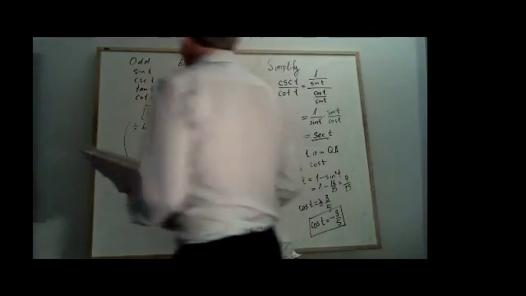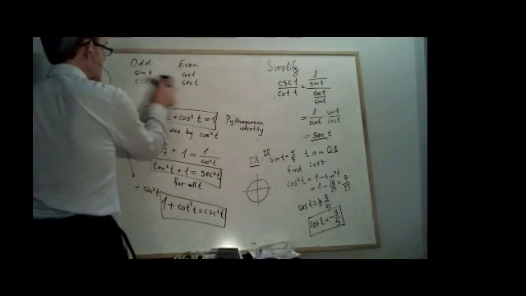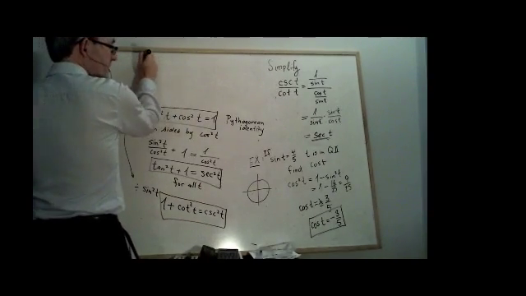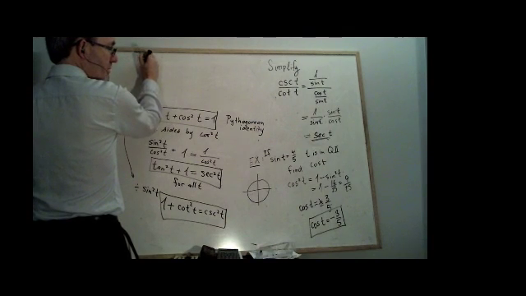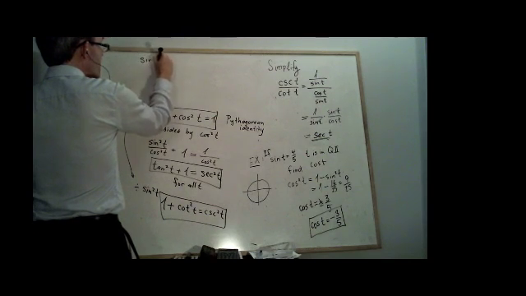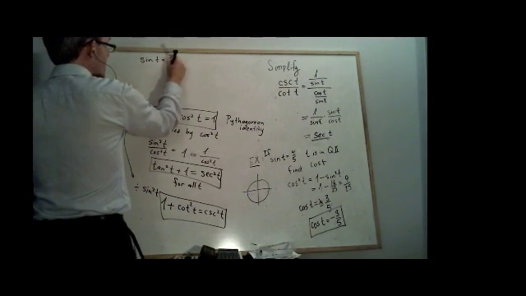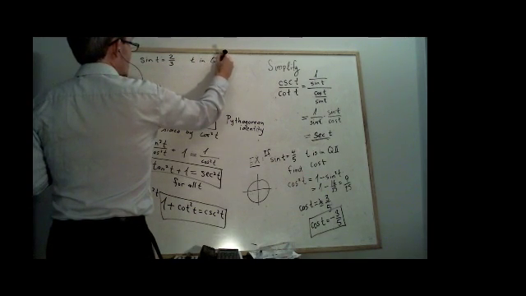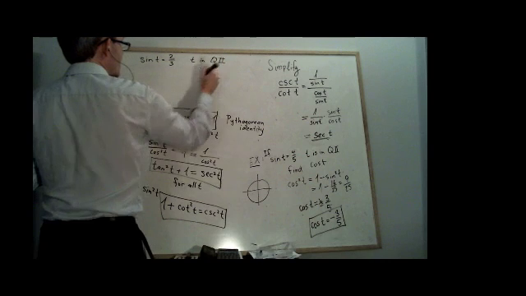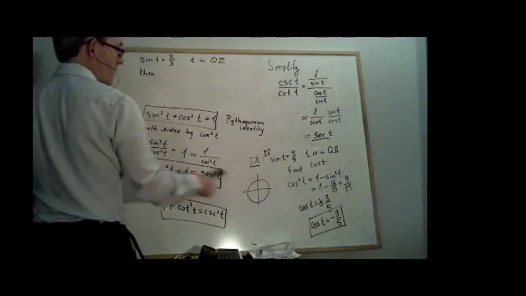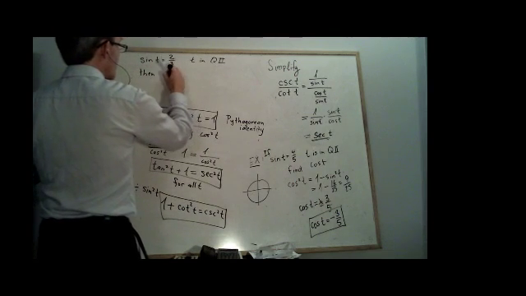Okay, so let's try a slightly different one. If you try some different problems, you can always make up your own problems and try them out, see how far you can get. So here, if the sine of t is 2/3, and t is in quadrant 2 again, then what will this calculation give you in the end?